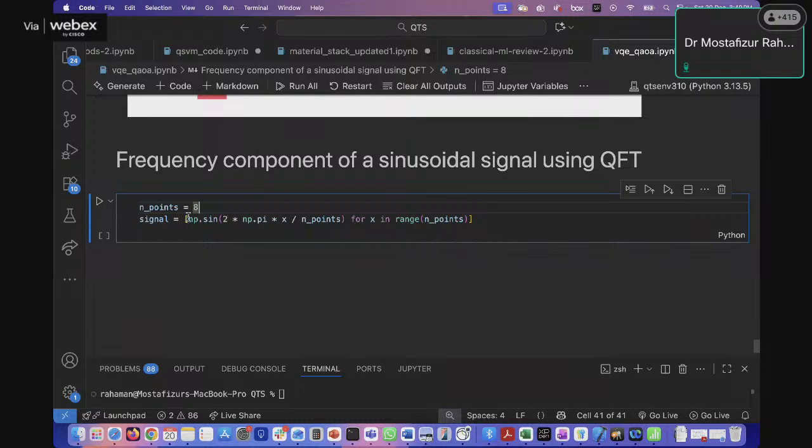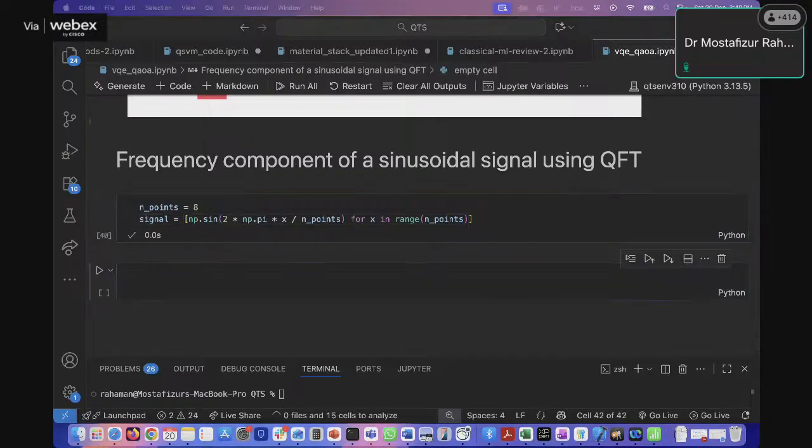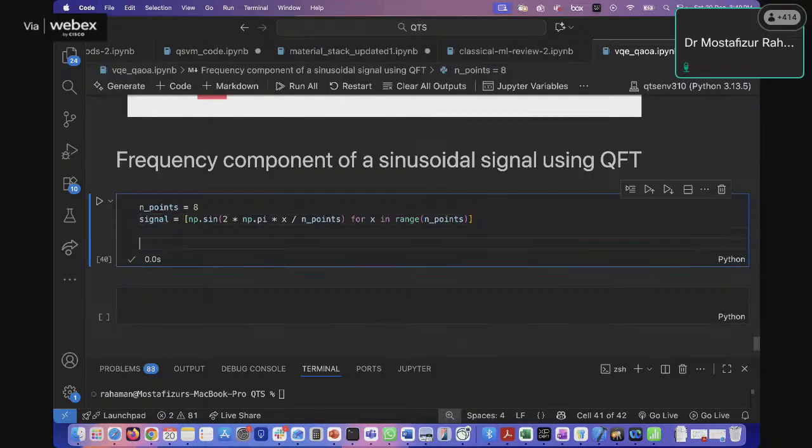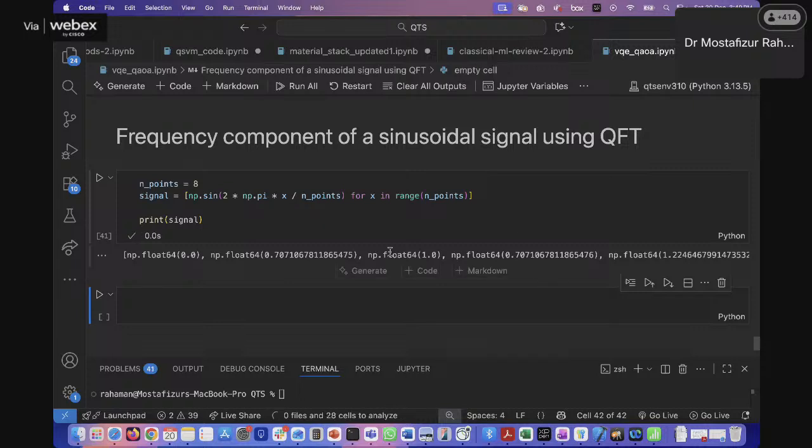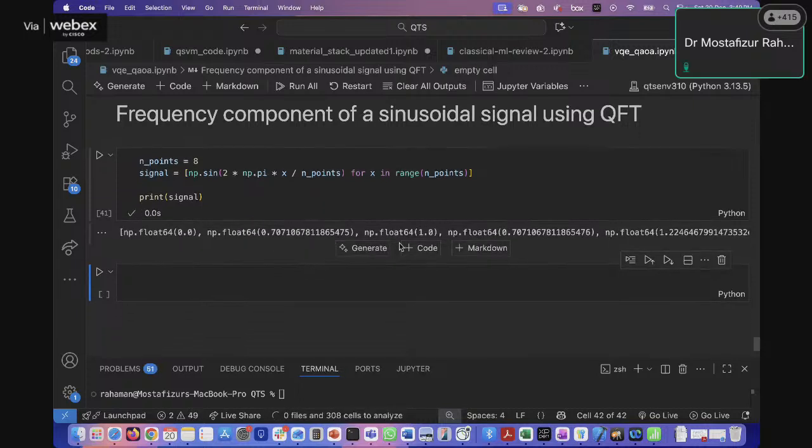So first, what I have done, I have defined a sinusoidal signal, sine of 2 pi x by number of points, for x in the range of number of points, right? In this way. Then the important step is to encode the information. The values that this signal is taking, for example, if I print the signal, you can see these float numbers, and their sum may not be equal to 1, right?